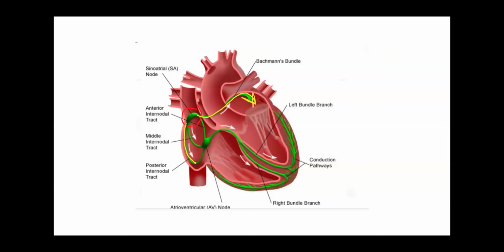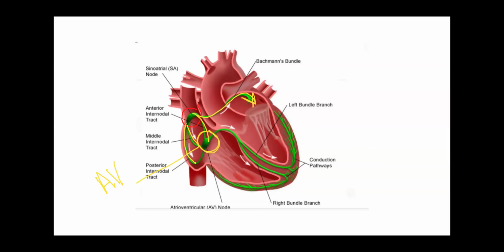After that the current from the atrium ends into the AV node, the atrioventricular node. At the AV node the current pauses for a little bit, and this pause is also shown on the ECG, and we are going to cover it. Then from the AV node, we have the bundle branches.